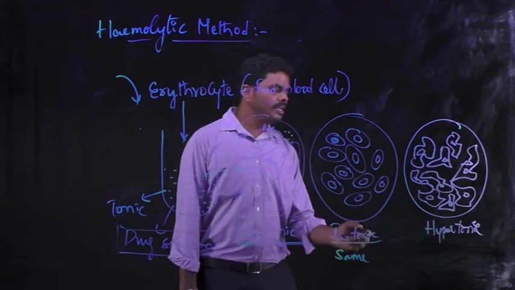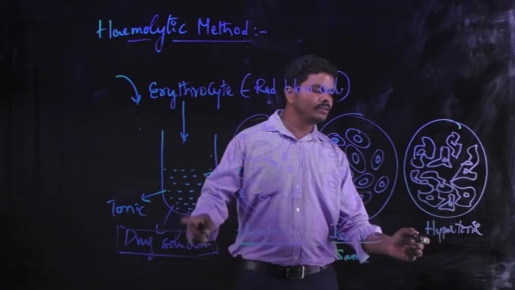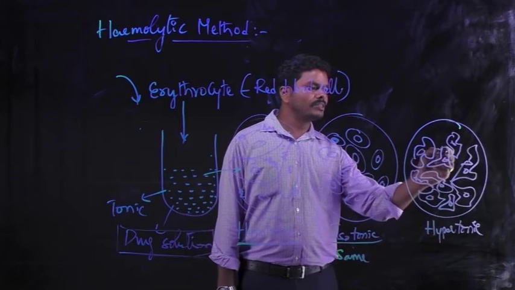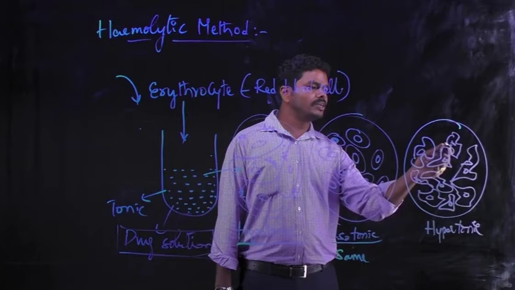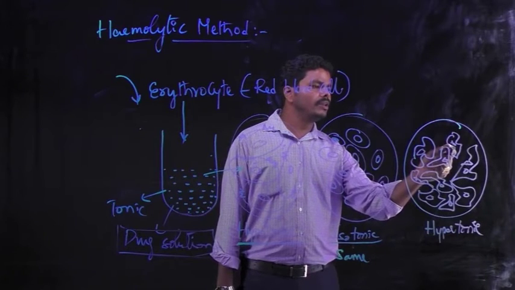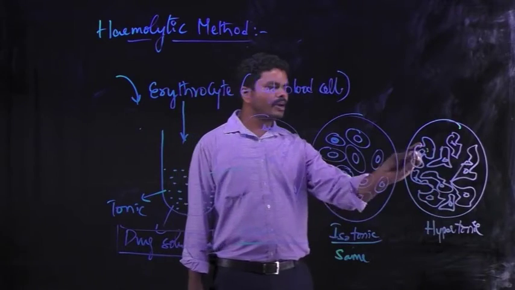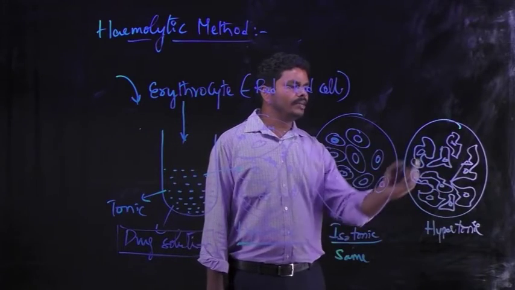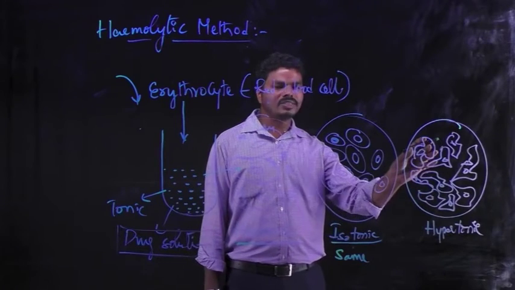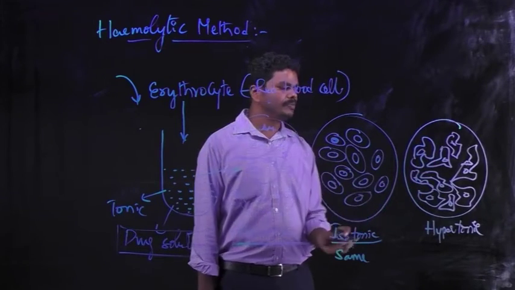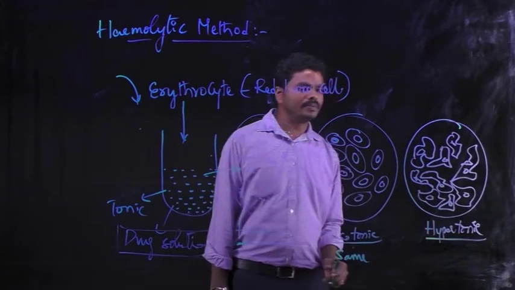And if the osmotic pressure of the solution is higher than the osmotic pressure of the red blood cells, then the water present in the red blood cells will come outside the cells, and thereby they appear shrunken or wrinkled. The appearance of the red blood cells is observed as irregular or shrunken in shape. So these types of solutions are called hypertonic in nature.